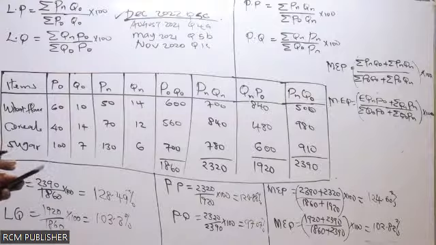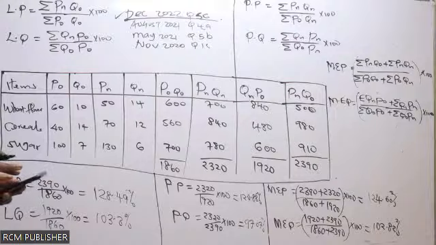What's the purpose of that illustration of being told to use the base year, this one, 2020, base year 2020?